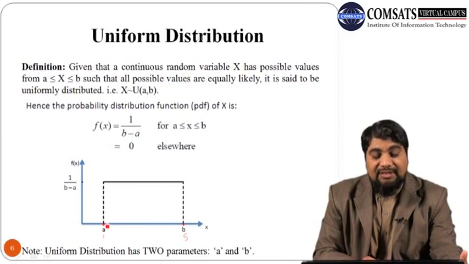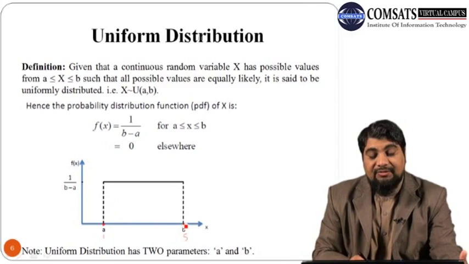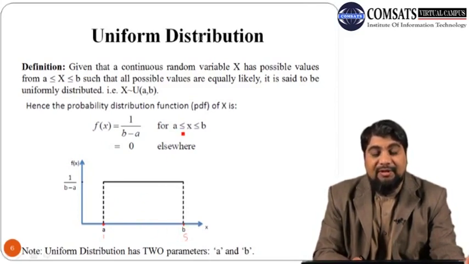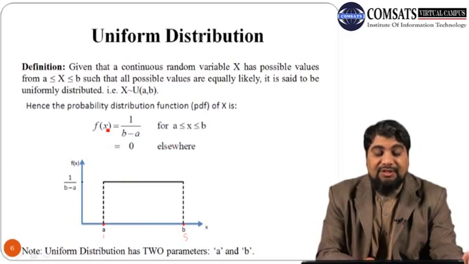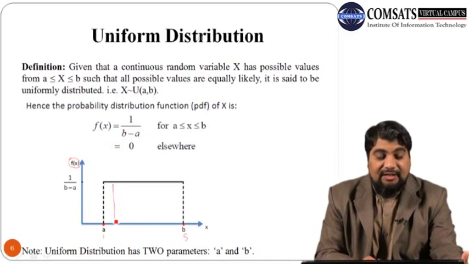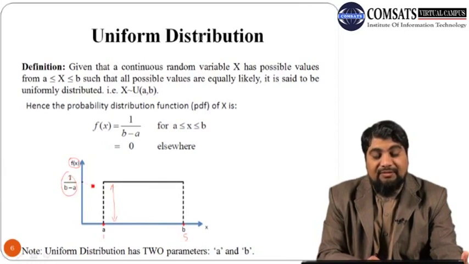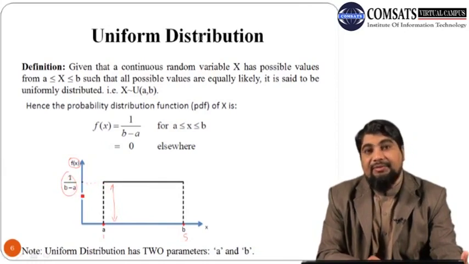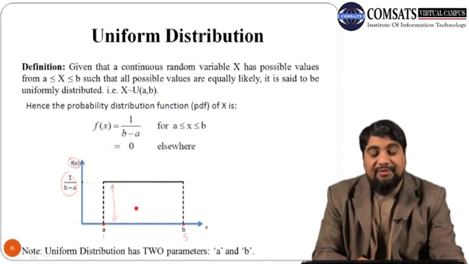You can see that whenever x lies in the interval from A to B, both inclusive, then this function f of x is equal to 1 over b minus a. So this height is 1 over b minus a.